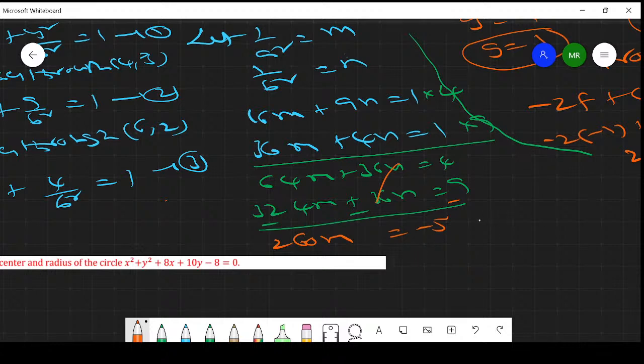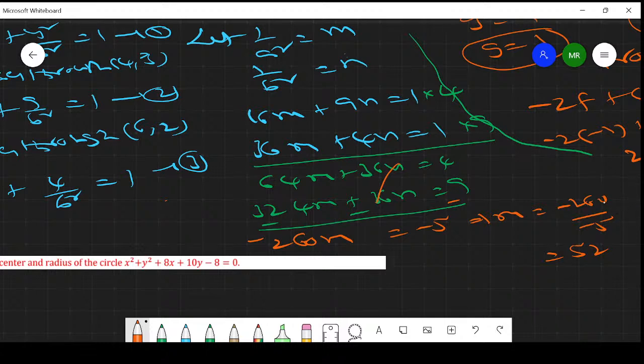Now m is equal to minus 5 by 260. I have written wrong here, be careful.